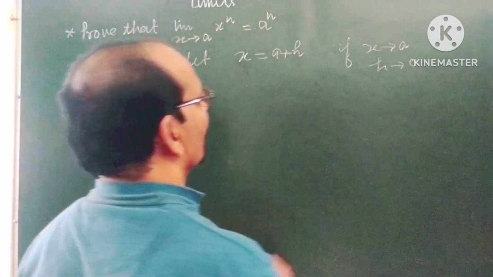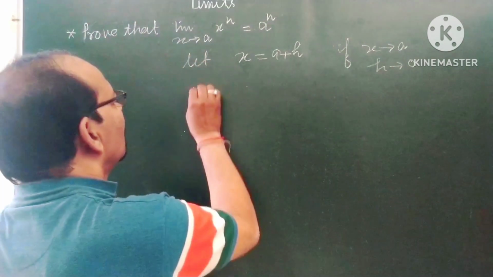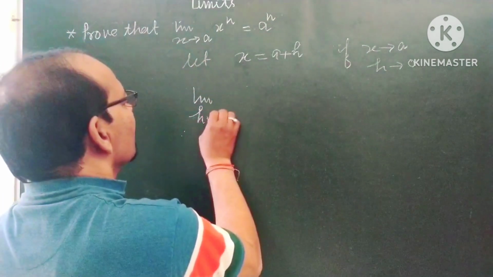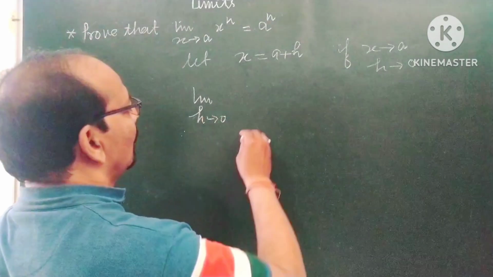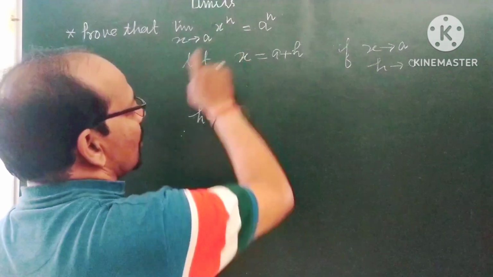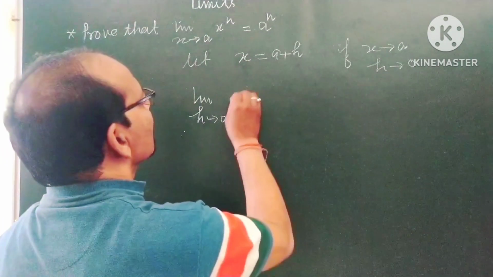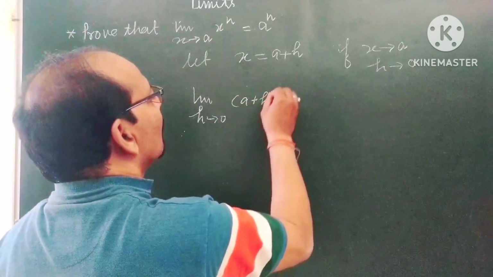Therefore, limit will be h tends to 0, and in place of x we write a plus h raised to n.